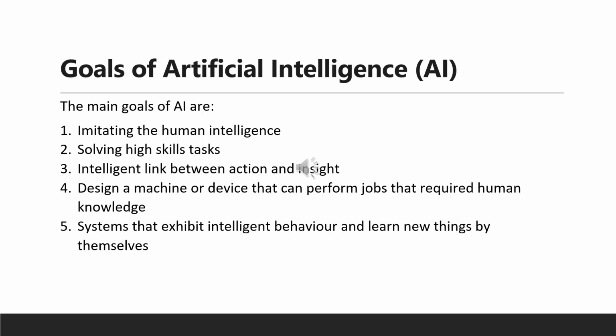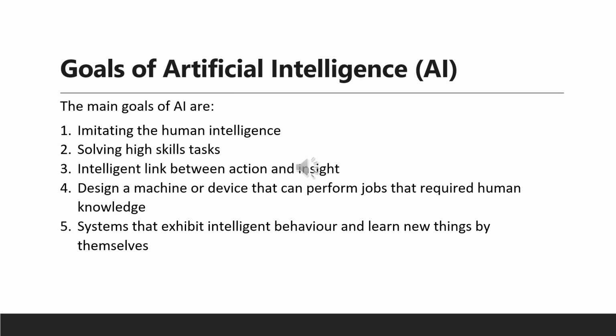Okay, after the history of artificial intelligence, we are to discuss the goals of artificial intelligence. The main goals are: one, to imitate, to mimic human intelligence; and while doing that, to be able to solve high-skill tasks which are knowledge intensive.